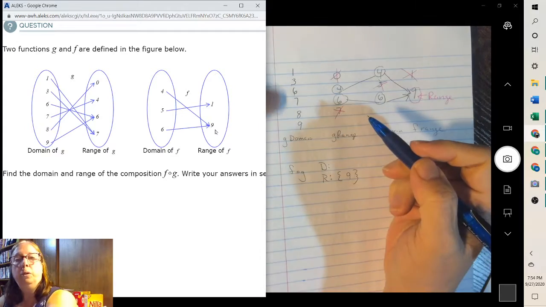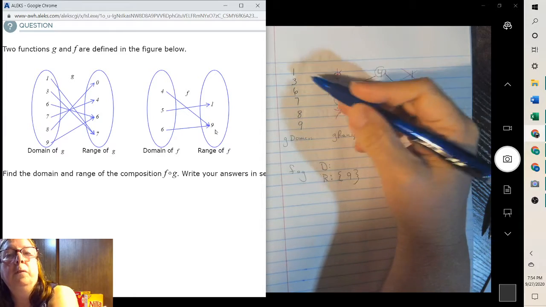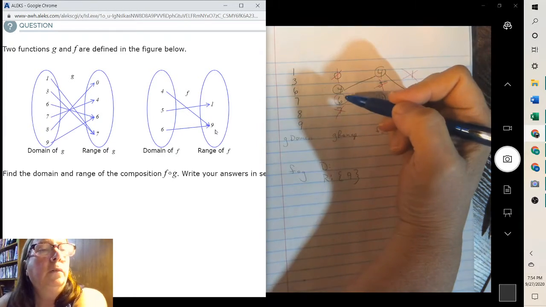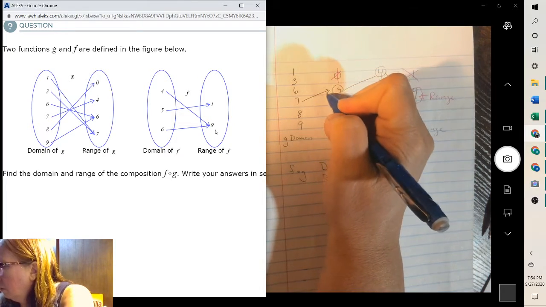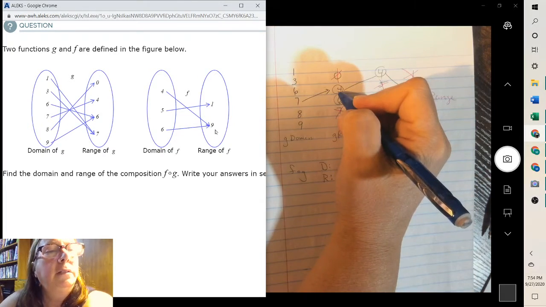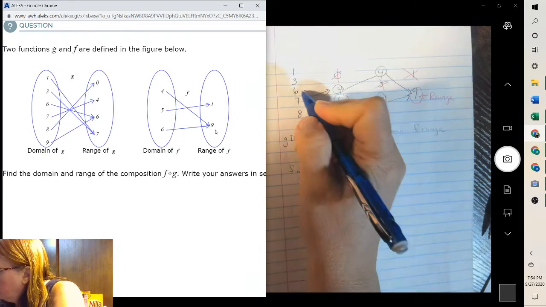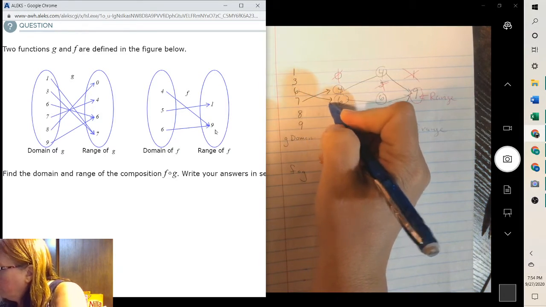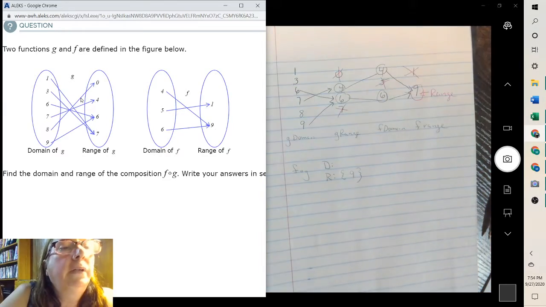Now to find the domain, we have 4 and 6. Well, which ones come from 4 and 6? Well, 4 is 7. And 6 is 6 and 9. Let's just double check. So we look over here. 4 has one arrow.